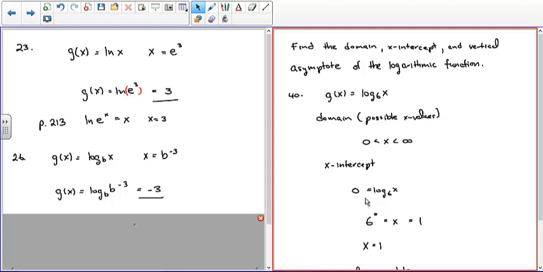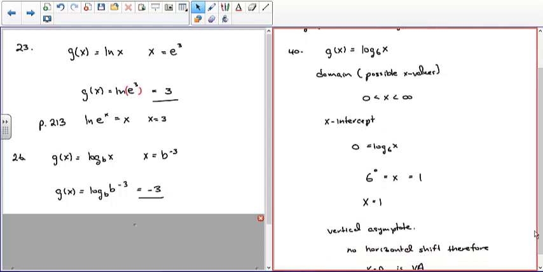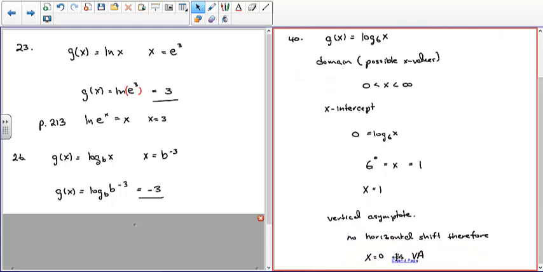So I guess the easiest way is to say the x-intercept is always going to be 1 when you have a function with no transformations of any kind. The only thing that's changed is the base. So the x-intercept is 1, and the vertical asymptote is still the vertical line x equals 0, or the y-axis.